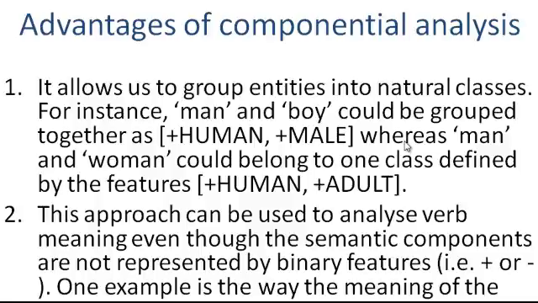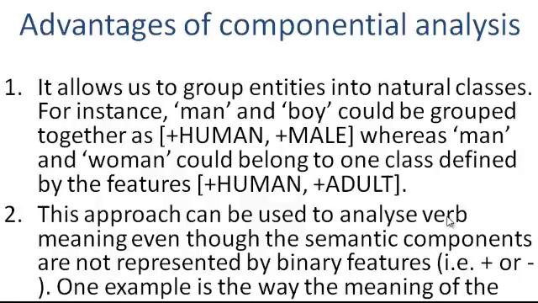So we are also seeing here that man and woman could belong to one class defined by the features human plus other. So what we see here is that componential analysis is something that can enable us to group entities into some natural classes, as we've seen with the pairs man and boy, and also with the pair man and woman.